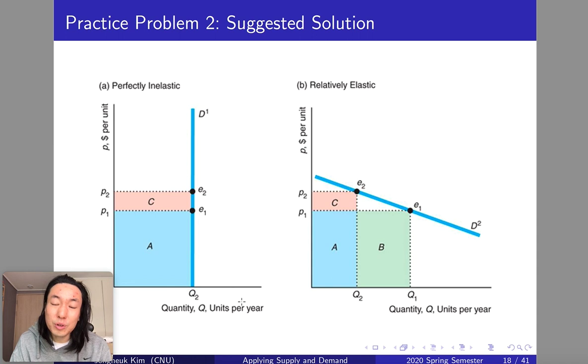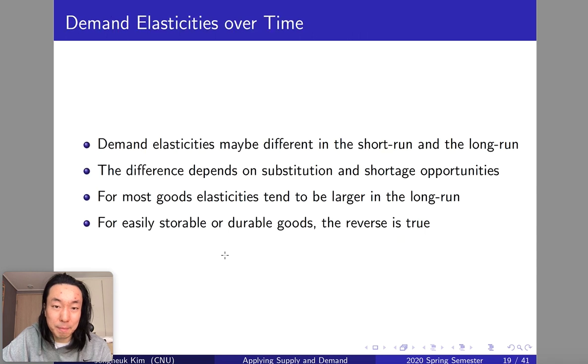So if your consumer is really elastic, then increasing the price level is really risky, and you're going to avoid that strategy. So your revenue changes are really related to the demand sensitivity, or the price elasticity of demand.